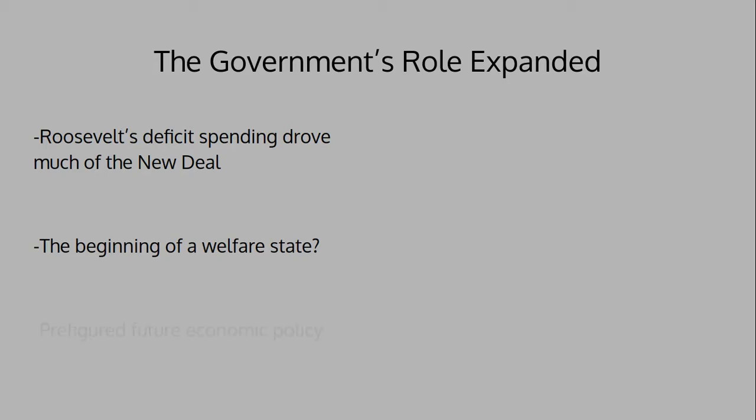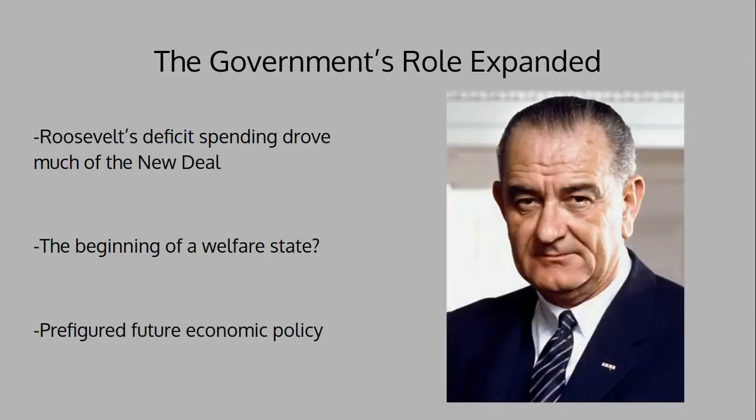So finally, you do have foreshadowing or even outright inspiration for future economic policies. Now, on the right there is Lyndon B. Johnson, one of our presidents during the 60s, and he came up with the idea of what was called the Great Society.